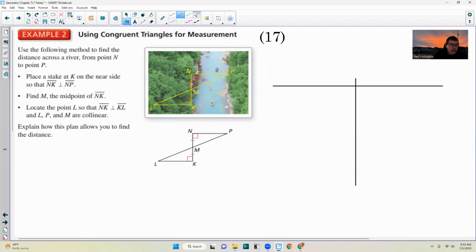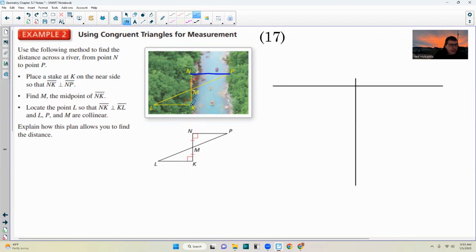So what they're telling us to do is put a stake at K on the near side. What are we trying to do? Find the distance across a river from point N to point P. I want to know the length of the distance from N to P across a river. We don't want to get our feet wet, so we can't just walk across there with a measuring tape and measure it.